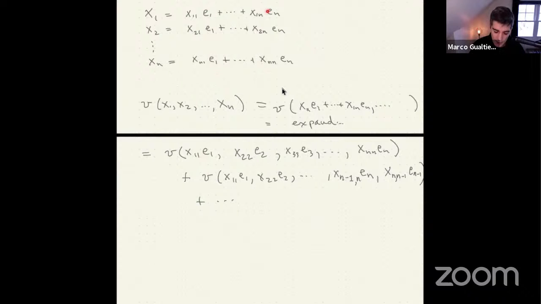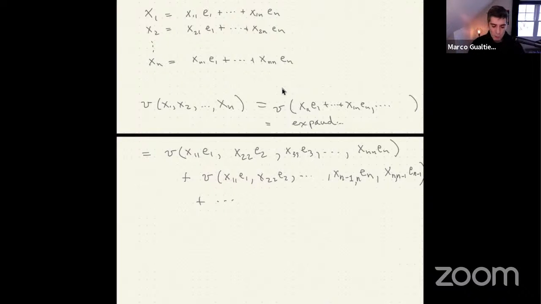If I choose En, right, then I cannot choose En for the remaining terms. They will all contribute 0. So basically, I'm allowed to choose each one of them once. I can choose E2 here, E1, E3, E5, E7, right? As long as I only choose one term from each of the n vectors, and as long as all the terms are distinct, they will give you a potentially non-zero contribution.